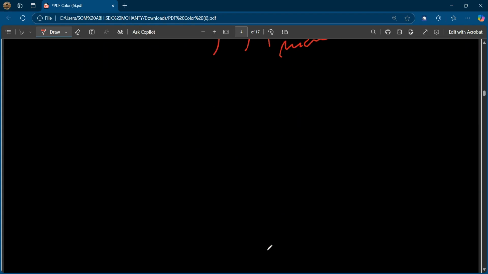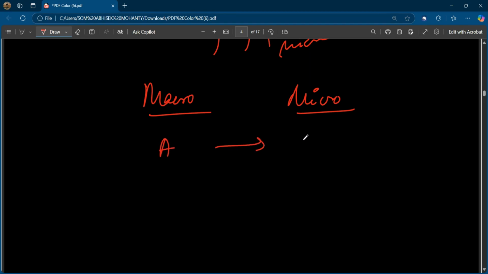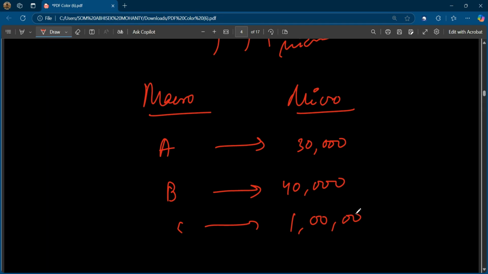Suppose there is a macrostate and there are microstates. Suppose for system A there are 30,000 microstates, for B there are 40,000 microstates, for C there are 1 lakh microstates, and for D there are 10,000 microstates.